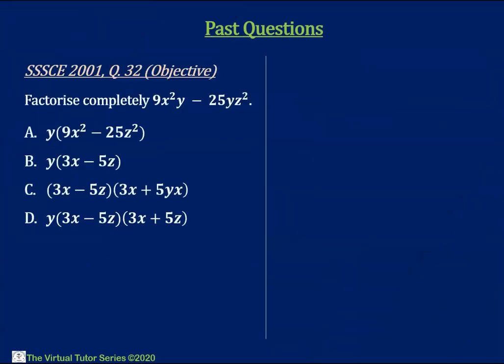SSSCE 2001, question 32, objective. Factorize completely 9x²y - 25yz². Solution. We have the expression 9x²y - 25yz².